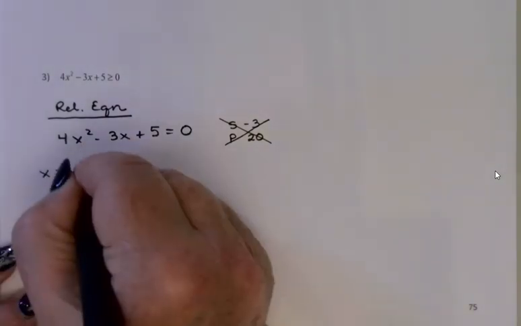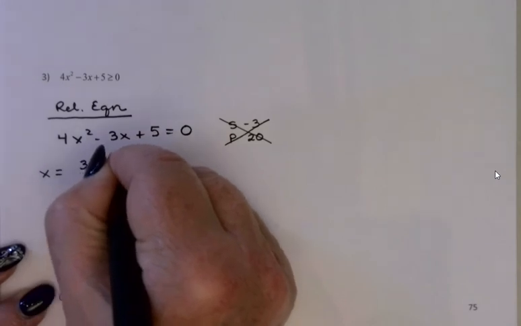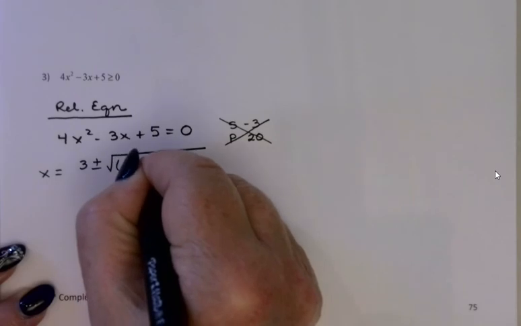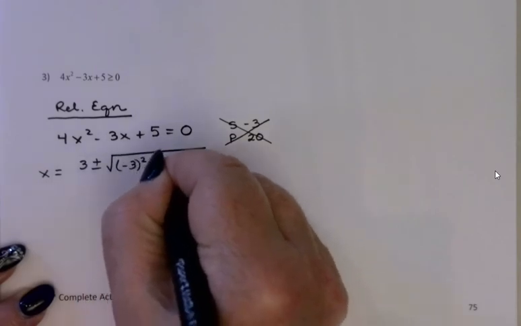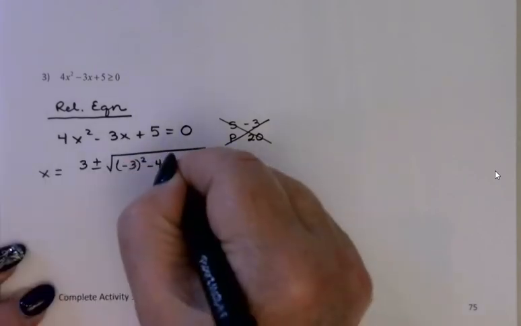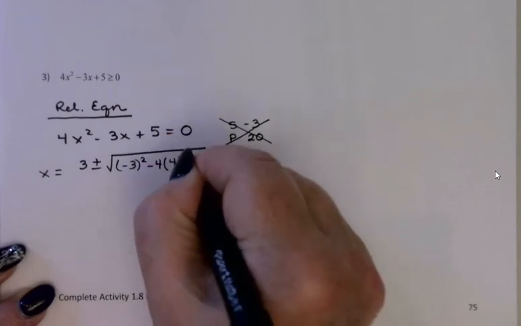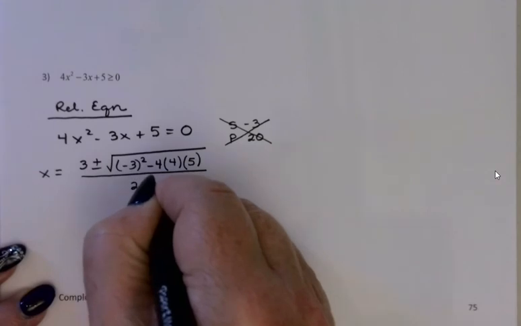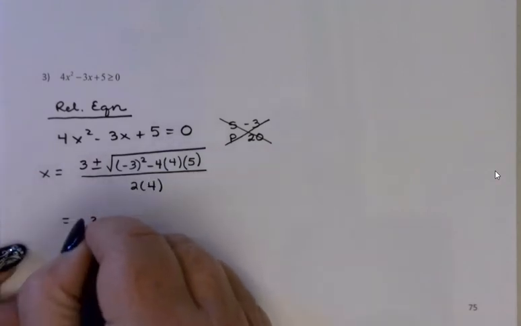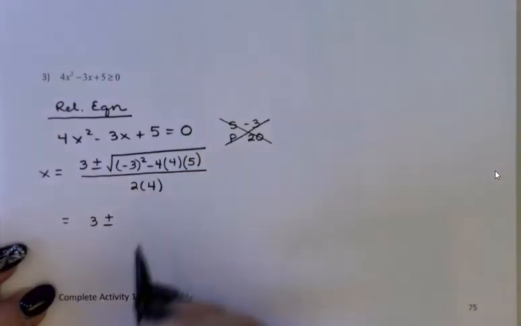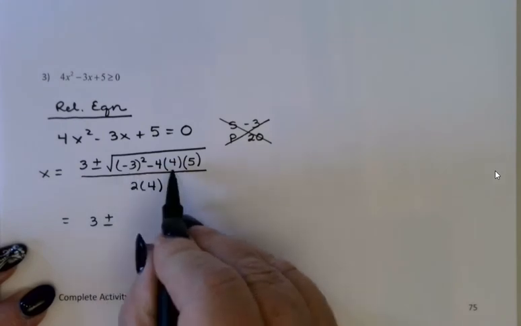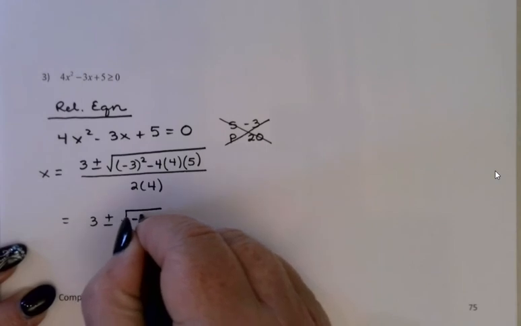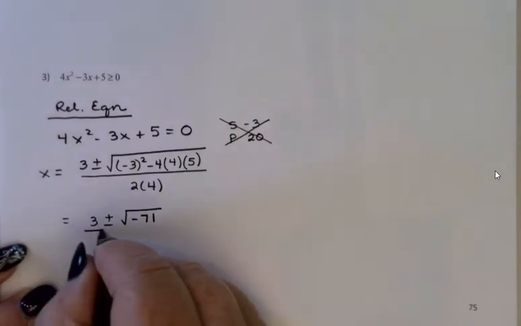The opposite of b is 3, plus or minus the square root of negative 3 squared minus 4 times 4 times 5, over 2 times 4. That's 9 minus 80. It's negative 71 under that radical.